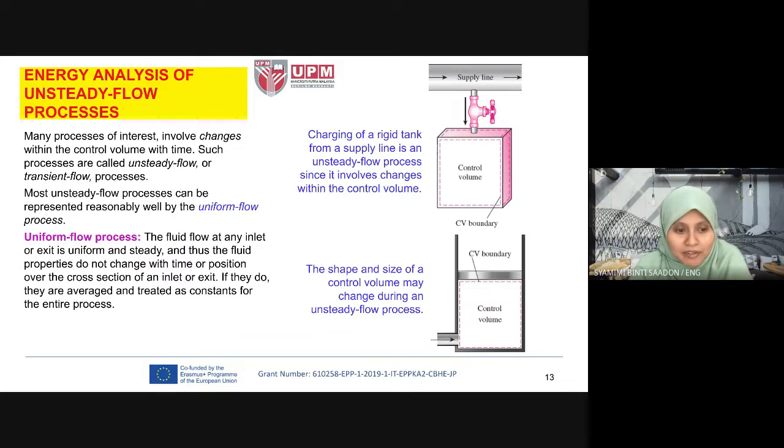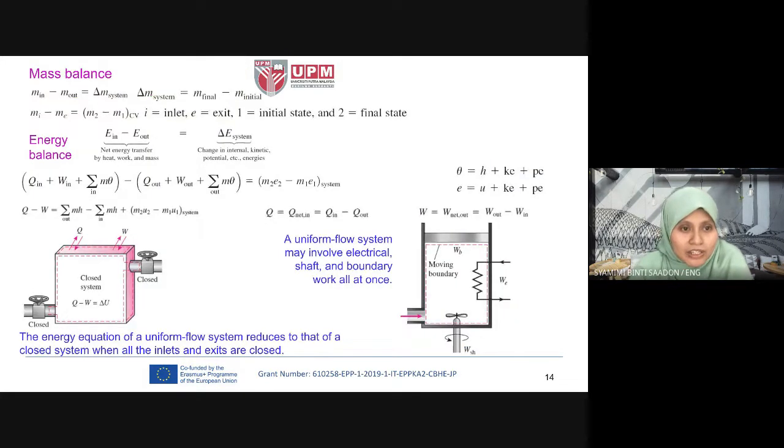If they do, they are averaged and treated as constants for the entire process. So for unsteady flow, we can still consider it as uniform flow. The properties still change with time, but the change is within the system, inside the control volume.